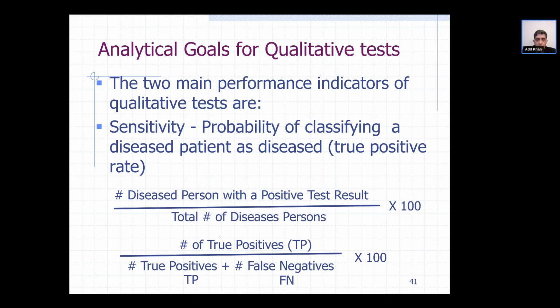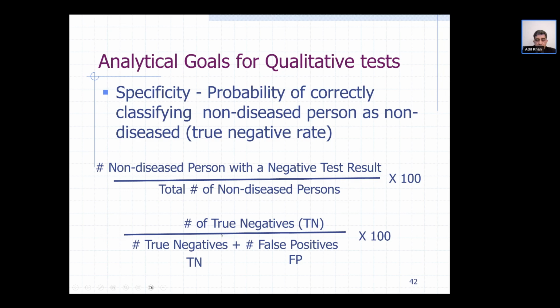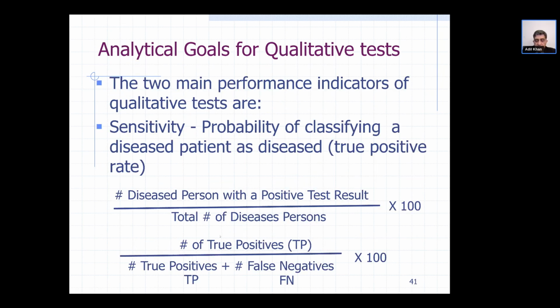Here, what you're measuring is the number of diseased patients with a positive result divided by the total number of diseased patients, multiplied by 100 to get a percentage. That's the same as the number of true positives divided by the true positives plus the false negatives.